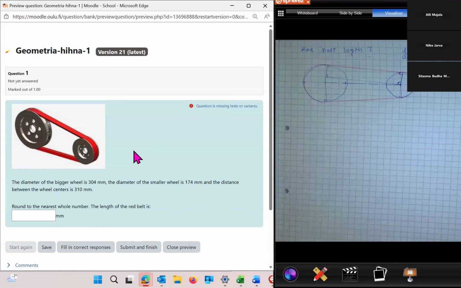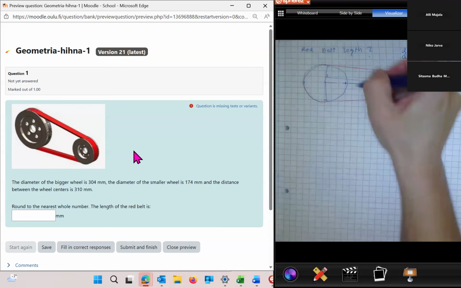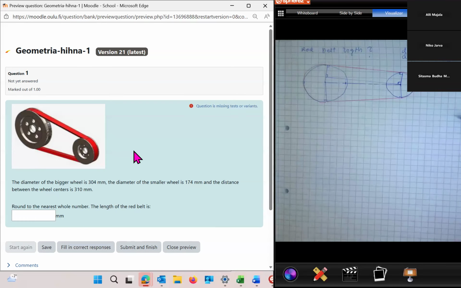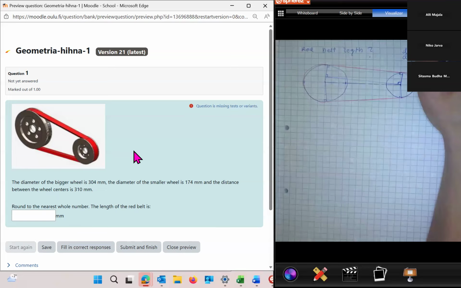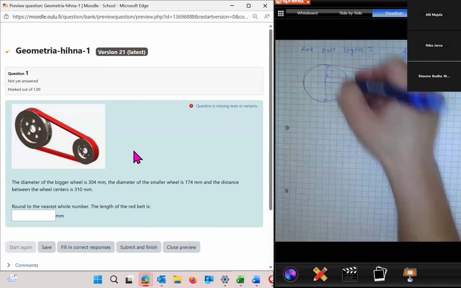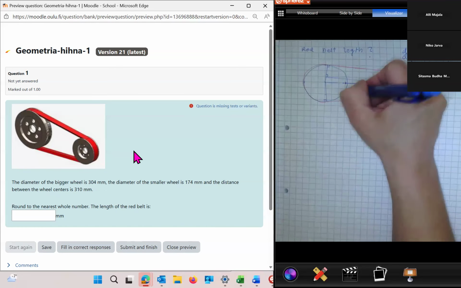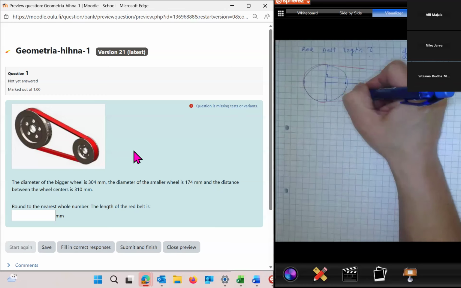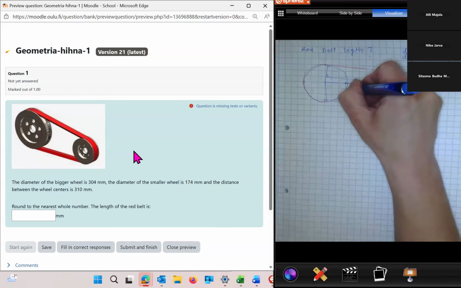So now I know the distance between the wheel centers, which I can mark with whatever. Anyhow, I know it: 310. This I know.